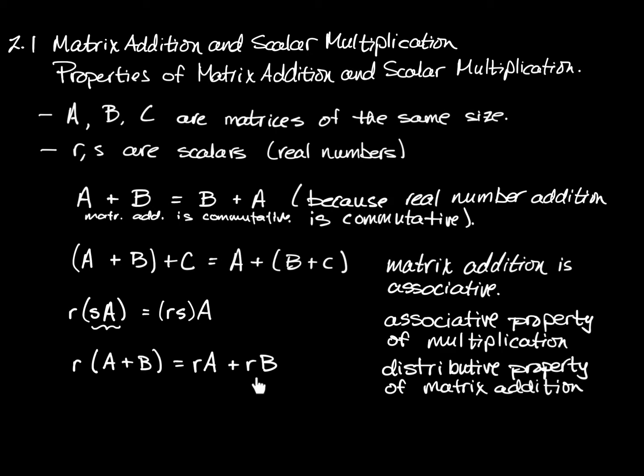And this would be a good one to just check. Give yourself a scalar of say 3 and some relatively small matrices A and B. You might want to do something like let R be 3 and then let A be 1, 2, 3, 4, 5, 6, and B, let me get my parentheses in the right place here.